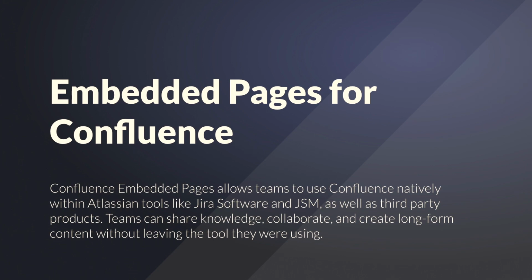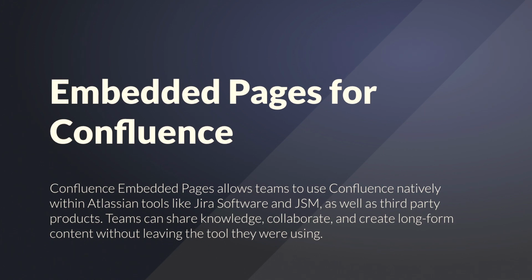Something that Atlassian announced at the event was a new API called Embedded Pages for Confluence. This is what we use for our new app, Spacecraft, and this is what we want to talk about today in this talk.